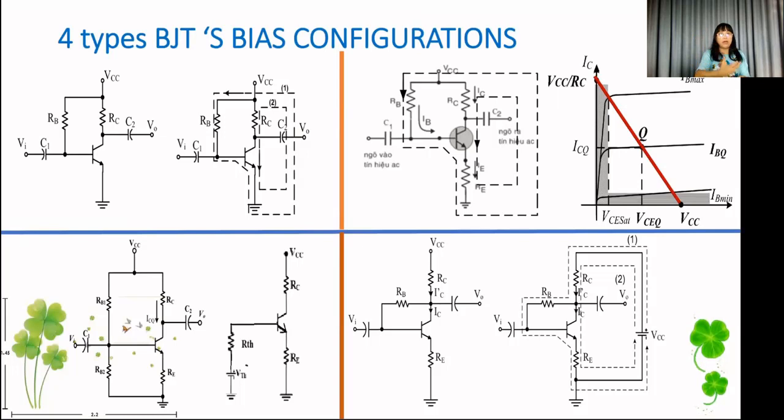Here we have 4 types of BJT bias configuration, only 3 are tested. We count the first configuration from the left, and the second, the third, and finally the fourth configuration.